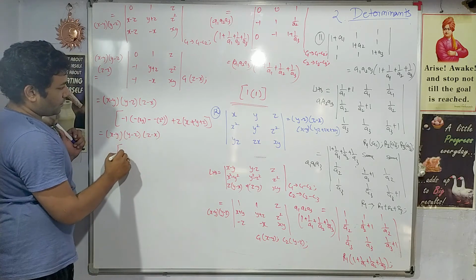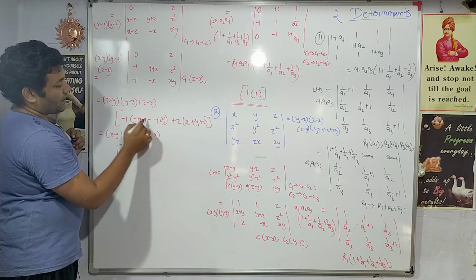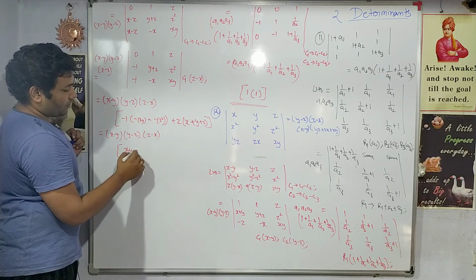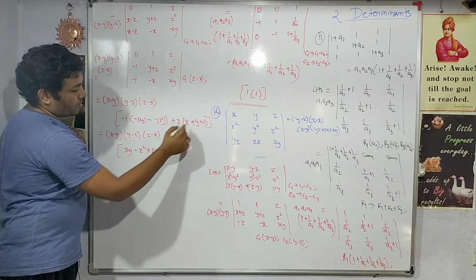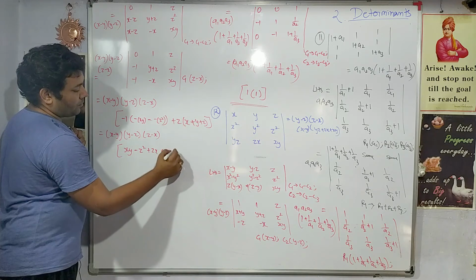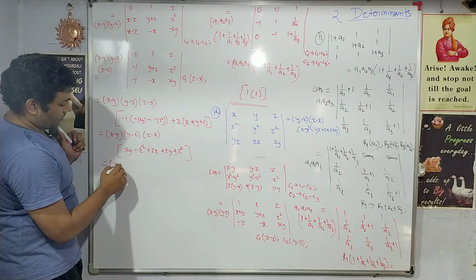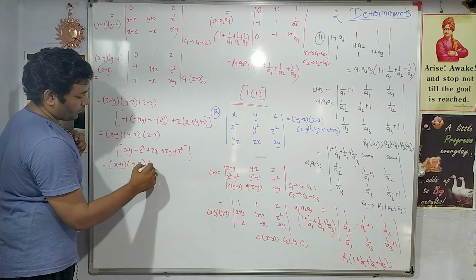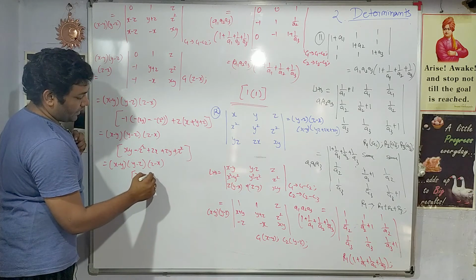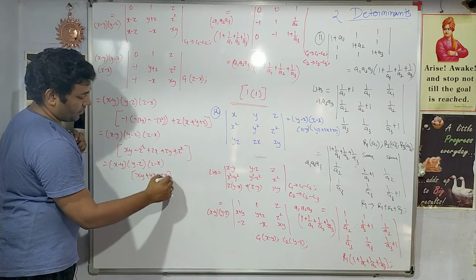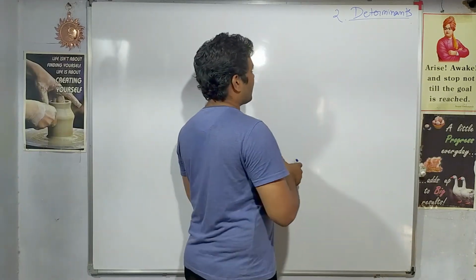If I open these brackets, minus plus, so xy minus plus, and plus into minus again becomes minus, so minus z square plus zx plus zy and plus z square, right? Z square cancels, and so I have my answer xy minus yz plus zx. Simple, very simple. Next we have question number 13.